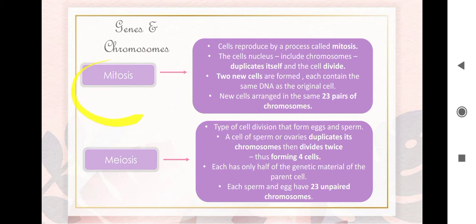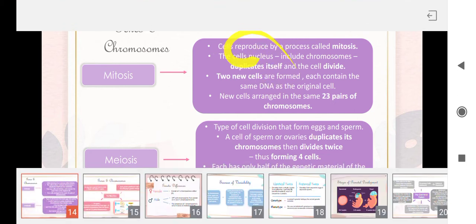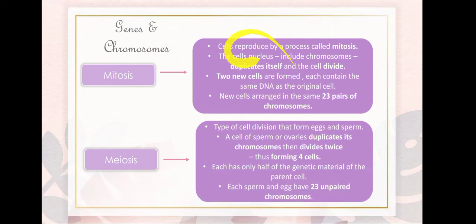The first one is the mitosis process, and secondly is the meiosis process. Mitosis refers to reproducing a cell, creating a new cell.